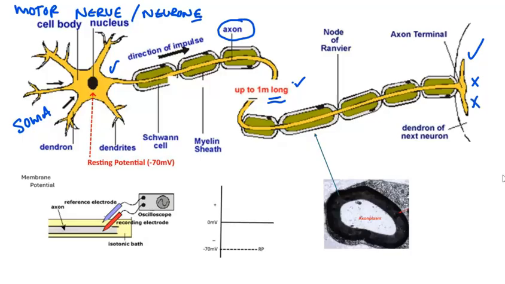Now, the additional feature in vertebrates, and indeed ourselves, is that this axon is wrapped with what are called Schwann cells.